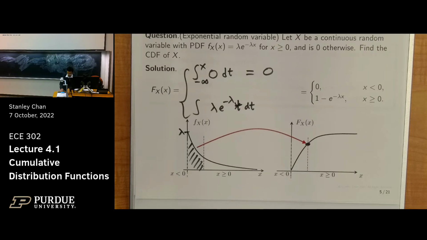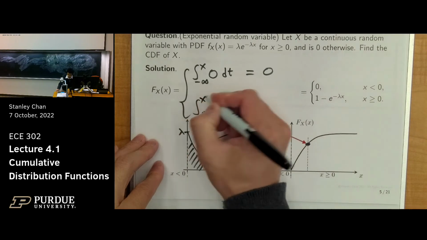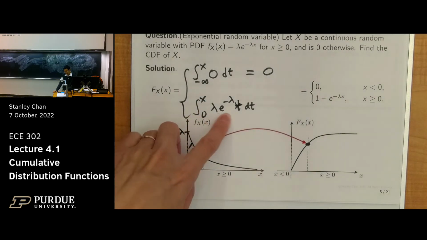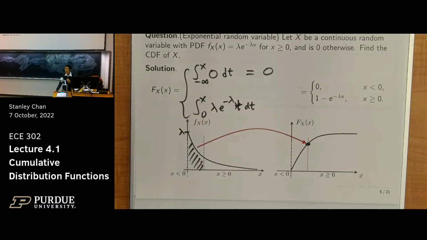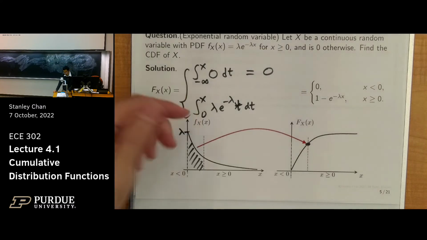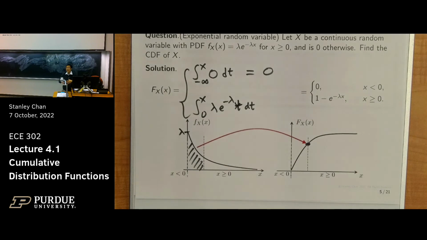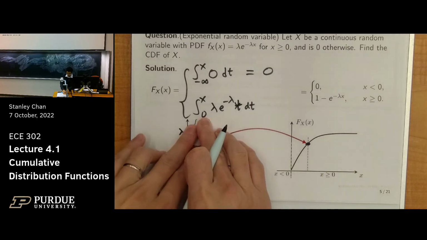Okay, so the answer is from 0 to x. The reason is that whenever you put down this formula, it means that you have stuff, but anything that's less than 0, you don't have any stuff. So you have to start with 0. If you put minus infinity and you try to integrate this one, you get plus infinity. This integral will just diverge, right? So you want to start with a 0.